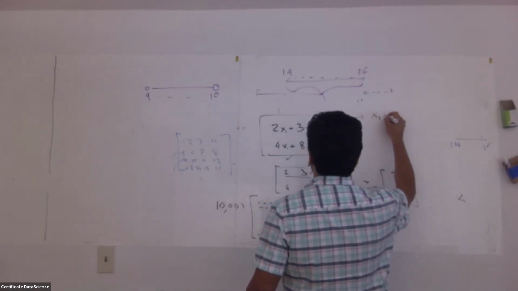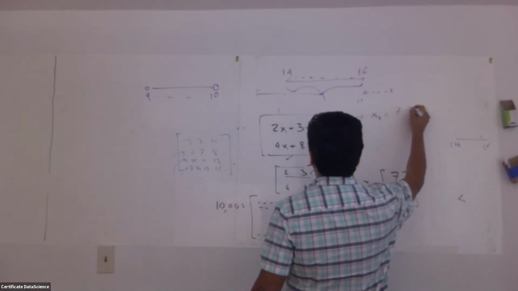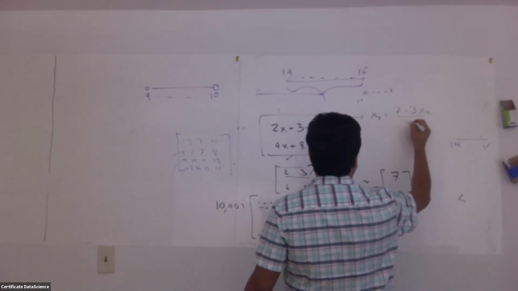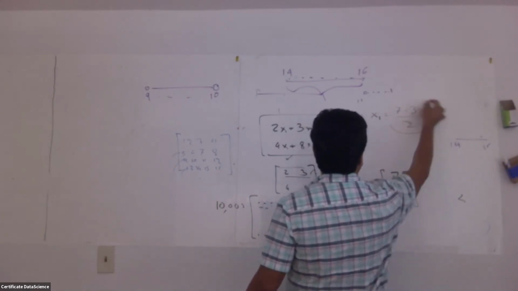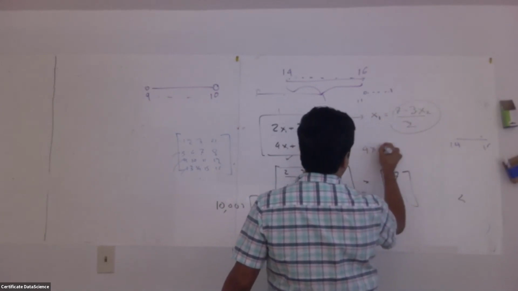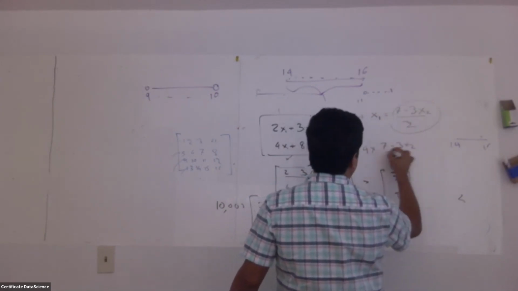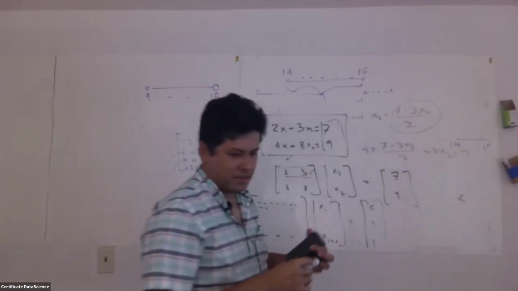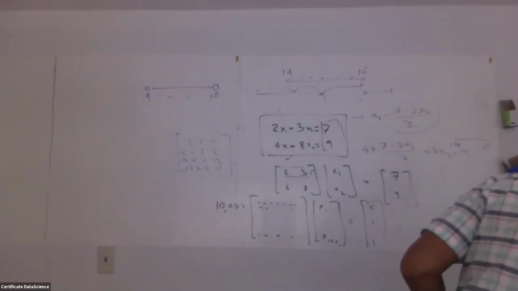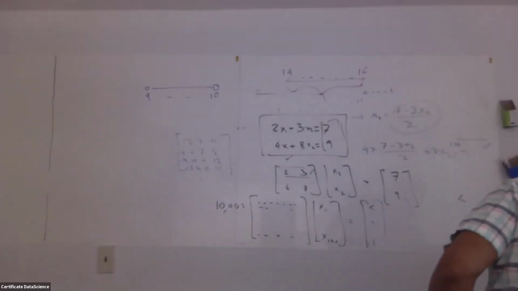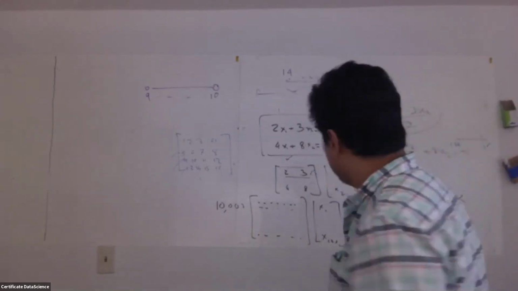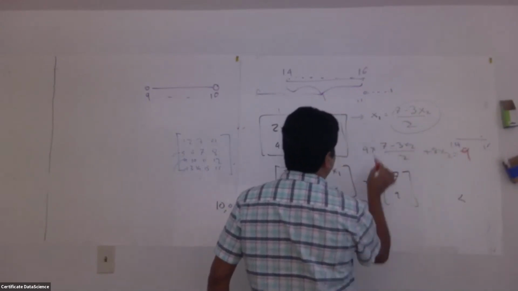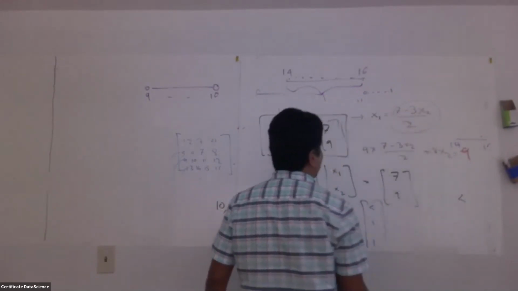You do something like (7 minus 3x2) divided by 2, and then substitute that here: 4 times (7 minus 3x2) plus 8x2 equal to 9. Then you would solve it for x2, and then substitute the value and get x1.